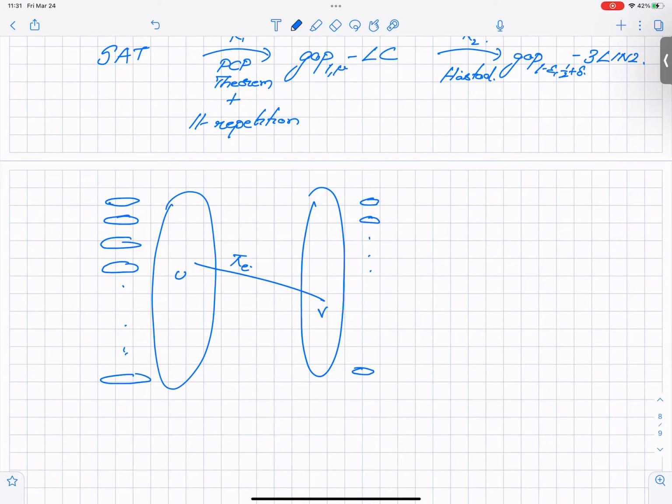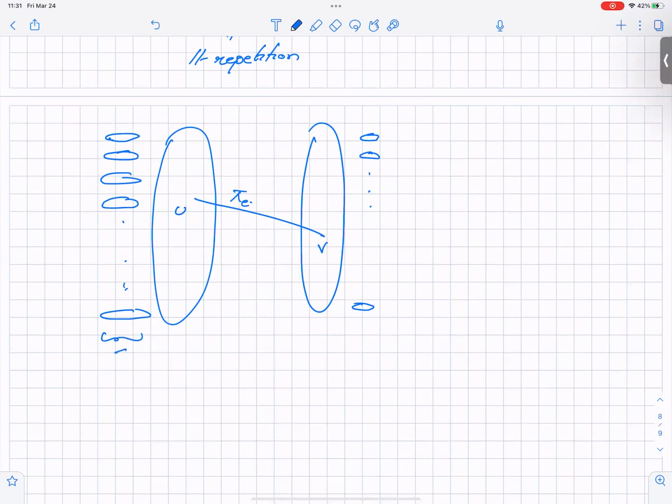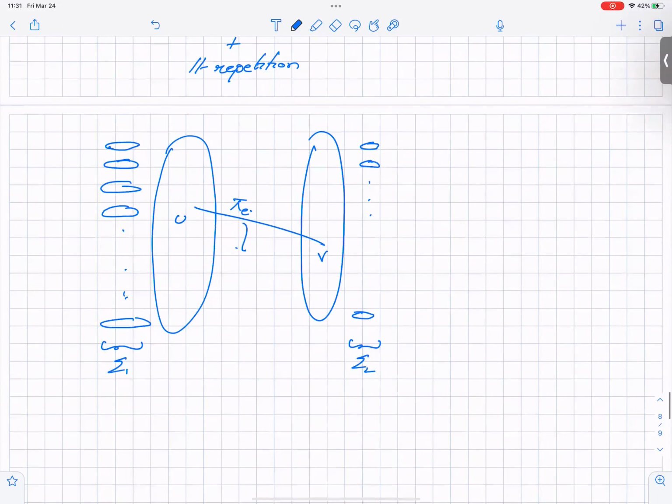We want to now convert this into a max 3 len 2 instance. This is a coloring problem now. I want to convert it to max 3 len 2. The colors come from sigma: here the colors are all coming from sigma 1, and here the colors are coming from sigma 2, and these are projection constraints.